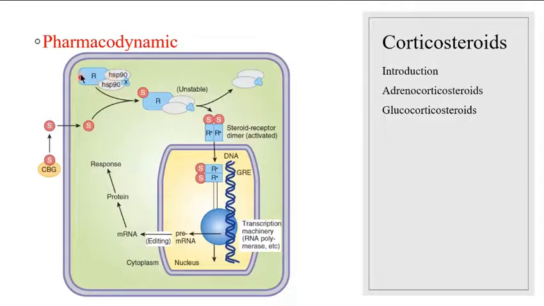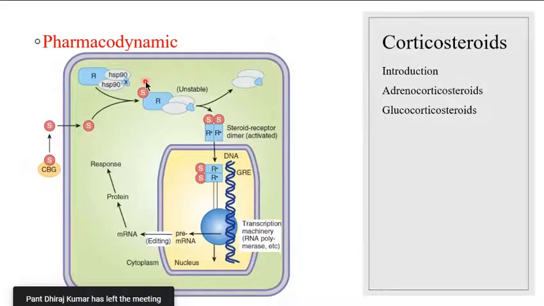This steroid receptor is basically inactive because of the binding of HSP, that is called heat shock protein 90. Because of the binding of HSP90 to the steroid receptor, that receptor is initially inactive.